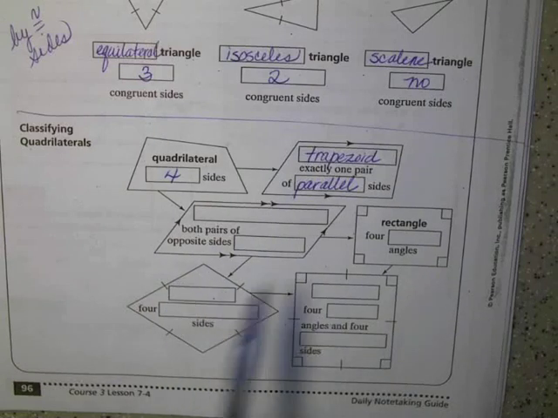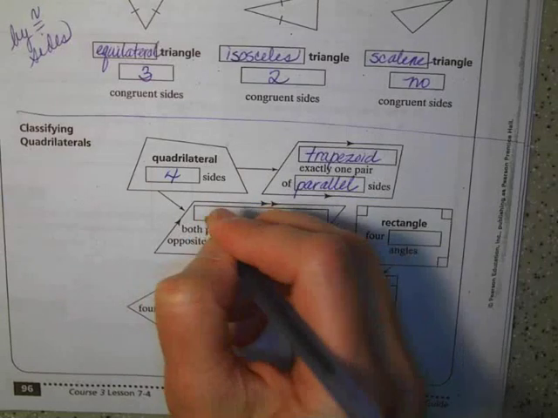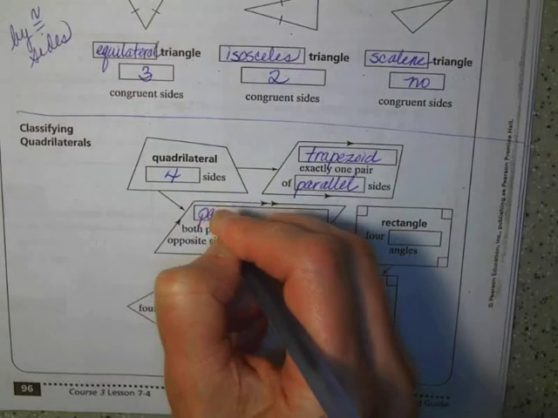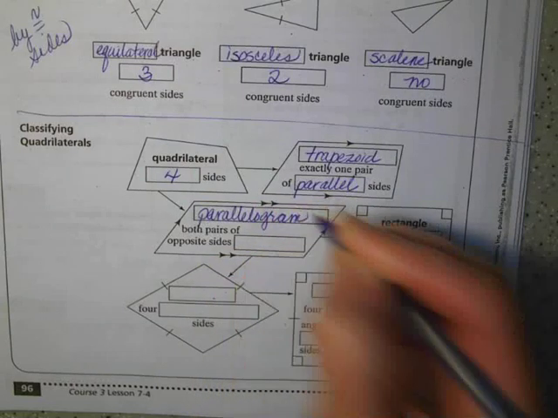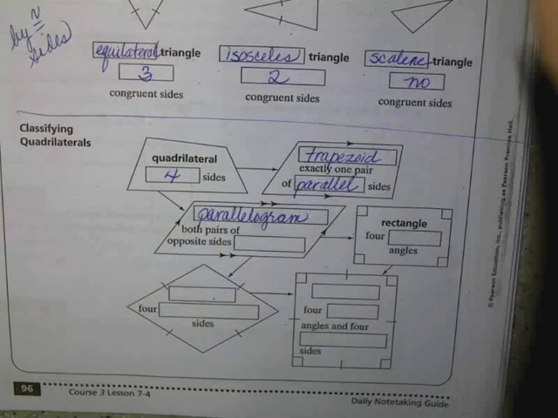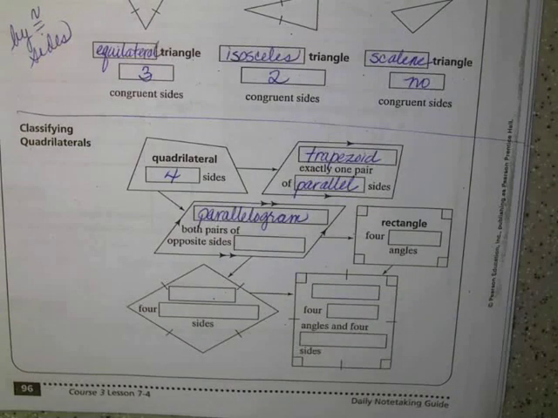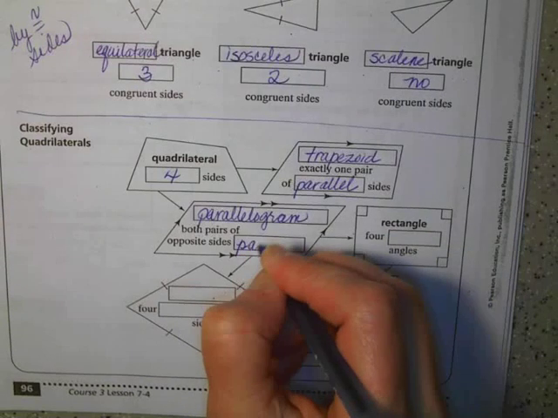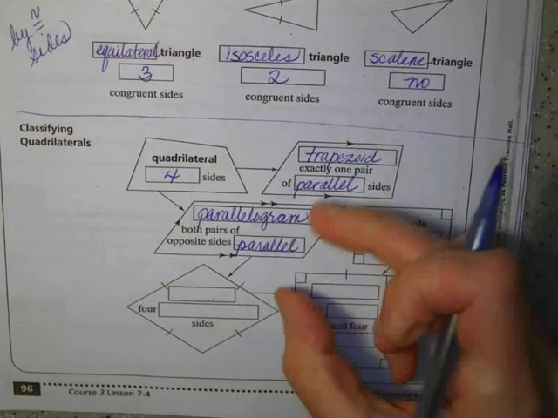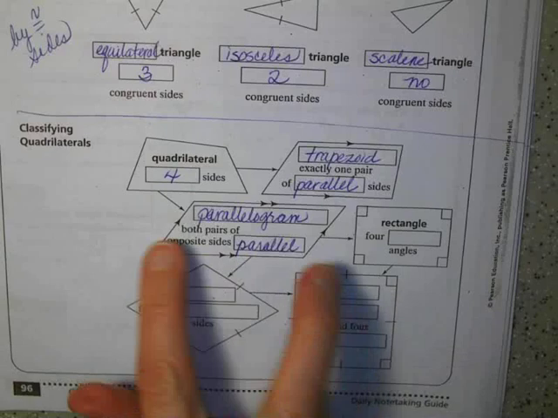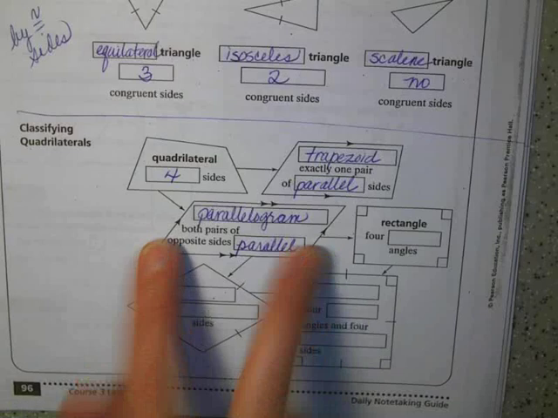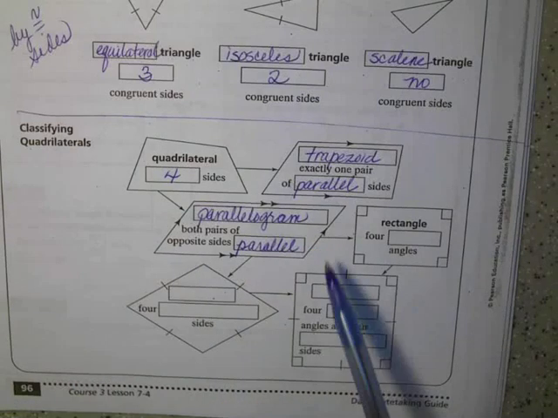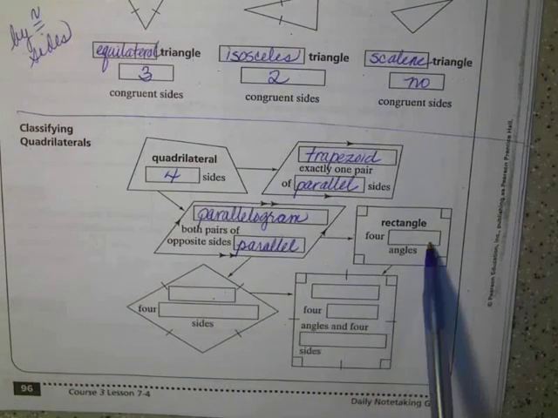Now we're going to follow our way through this one. Now we go to a parallelogram. A parallelogram basically tells us that both pairs of opposite sides are parallel. So my top and bottom are parallel, and my left and right, in this case, are parallel. That makes it a parallelogram. Then from a parallelogram, we can go a couple of different ways.